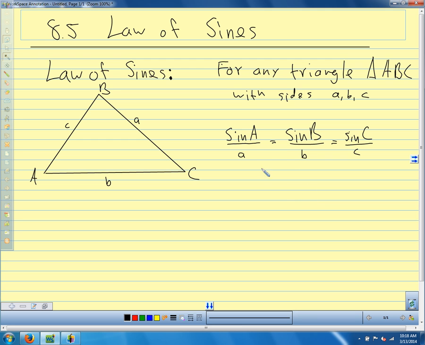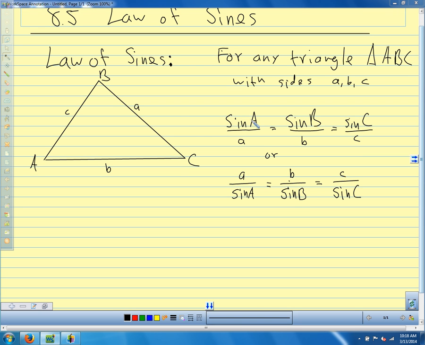And I can flip these over. I can do the reciprocal of each of these. I can write it either way. So I'm going to say, or, A over sine A equals B over sine B, and that equals C over sine C. So we get this set of proportions that we can work with for these types of triangles, for any triangle.